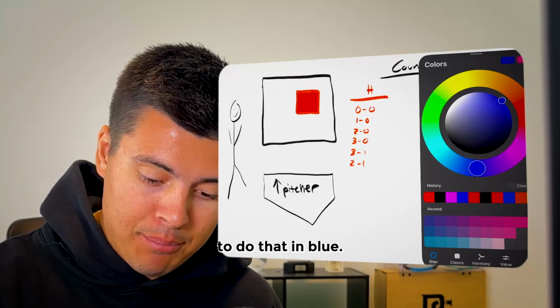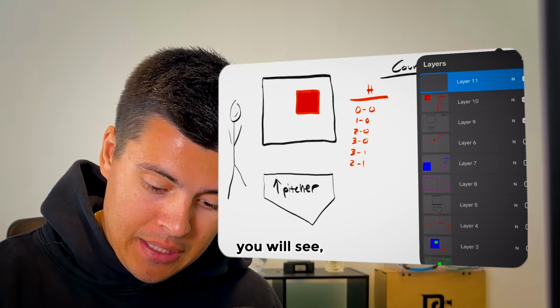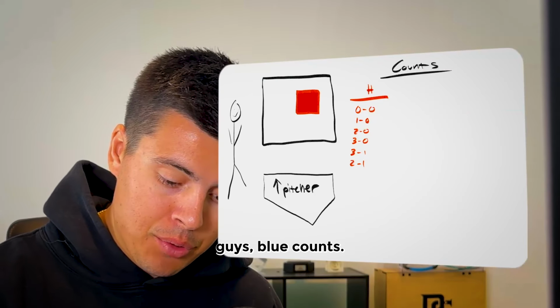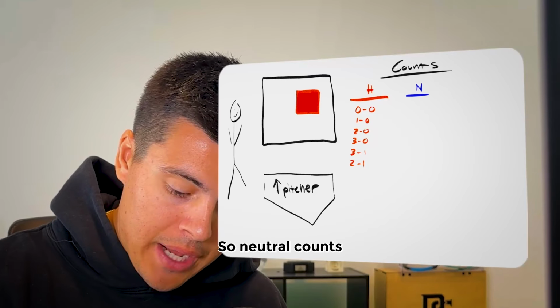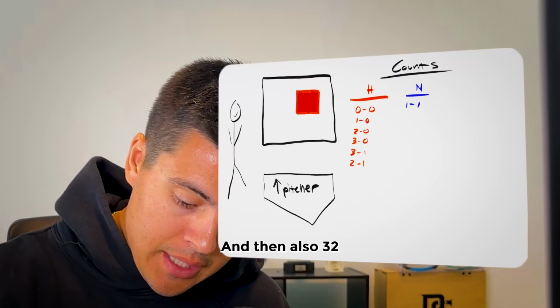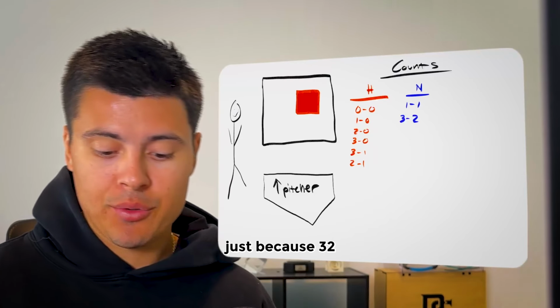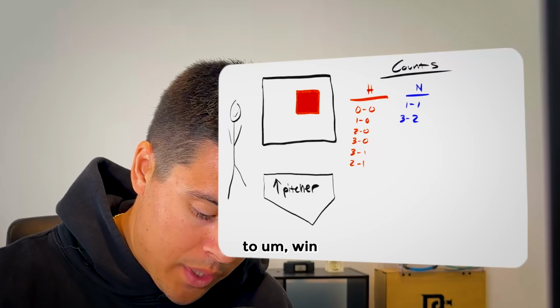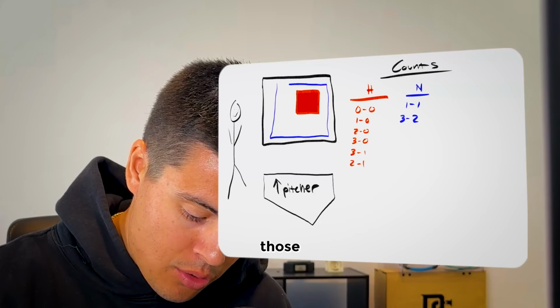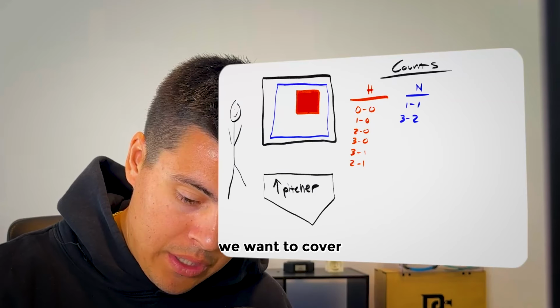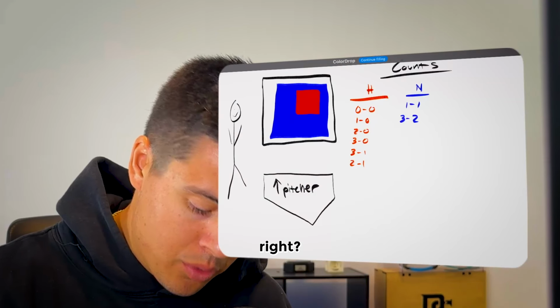So I'm gonna do that in blue. And as you'll see, blue counts, guys, this is gonna be your neutral, right? That's an N. So neutral counts, in my opinion, and then also 3-2, just because 3-2 has the ability to win that pitch and get on base. In those neutral counts, we want to cover a little bit more, right?